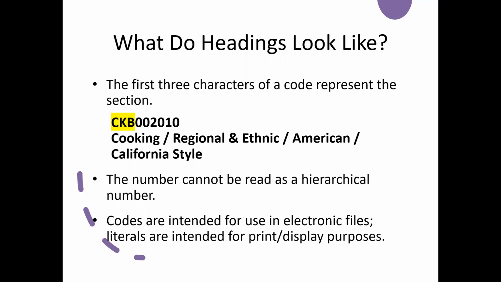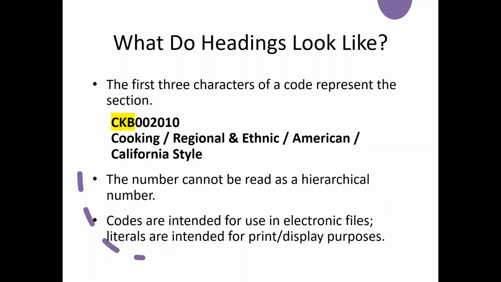So Cooking / Regional and Ethnic / American / California Style would never become Cooking / Regional and Ethnic / Chinese, because that would change. That would be problematic for publishers.